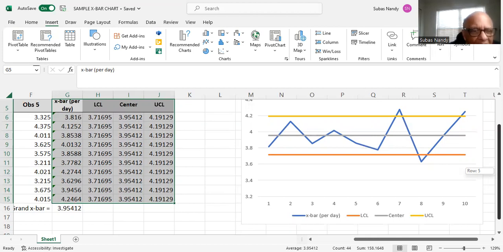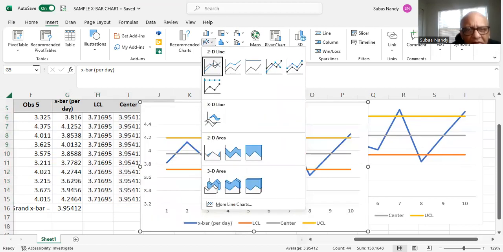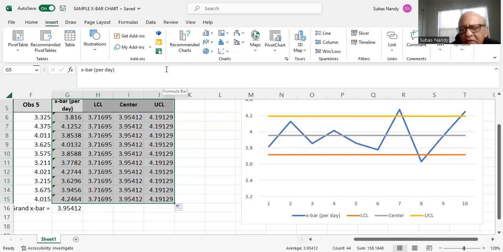And similarly, if you look at, for example, 4.27 in the X bar, it is above the upper control limit of 4.19. So basically, you highlight the columns, go into insert, go into chart, click into the line chart, and click into the first line chart, and you get this nice X bar control chart.